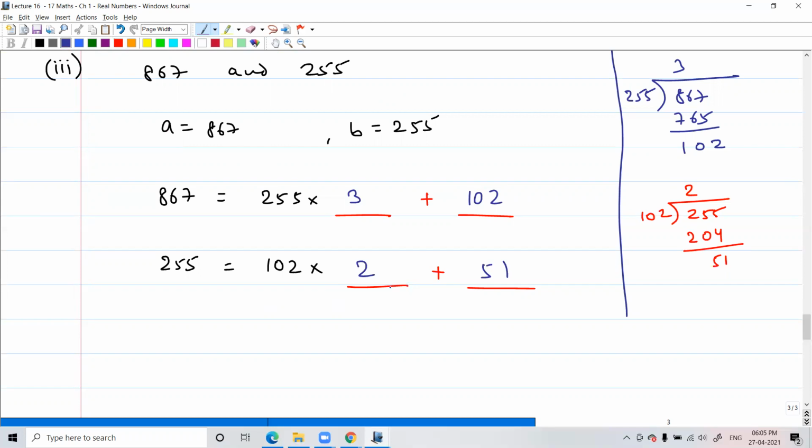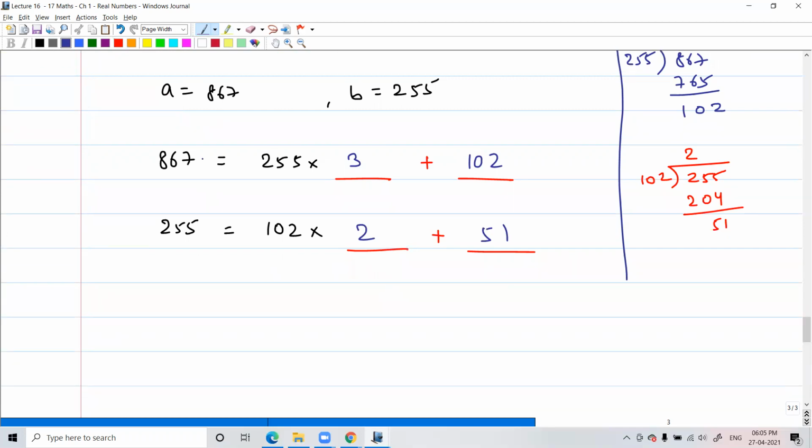Is that correct? Yes, sir. Okay. So what's my new dividend now? Tanushri will tell me. What should be my new dividend? The previous divisor. 102. Yes.